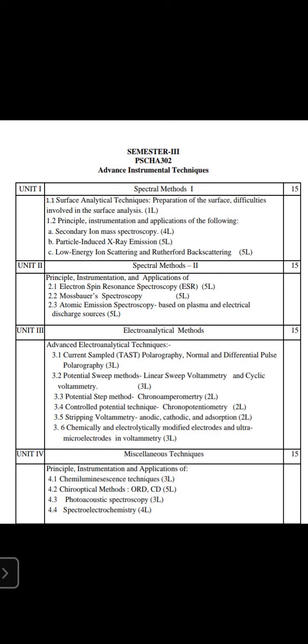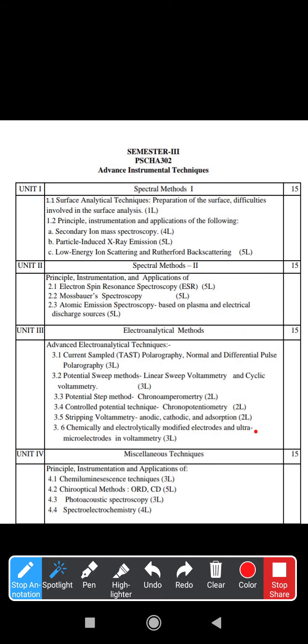Okay, in these techniques we are going to see 4 units, that is spectral method 1, spectral method 2, then electroanalytical techniques, and the last one is the miscellaneous techniques. In spectral method 1 we are mainly concerned with surface analysis. Various techniques useful for the characterization of surface are given in unit number 1.